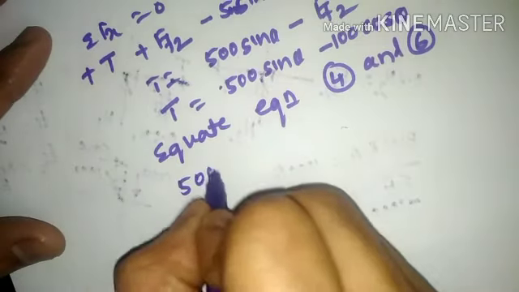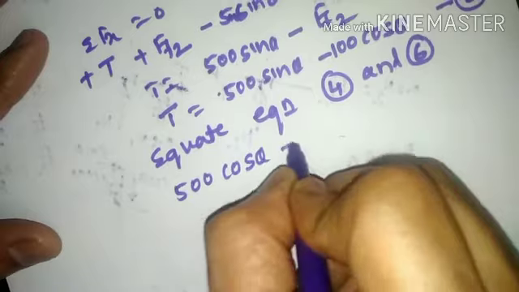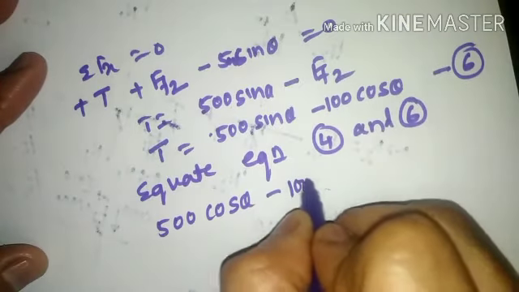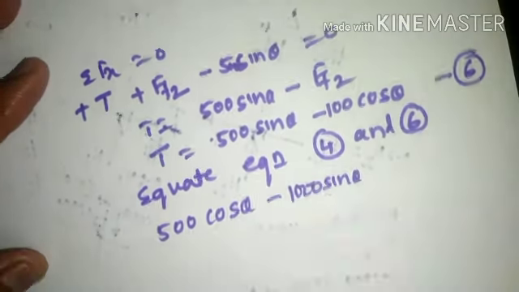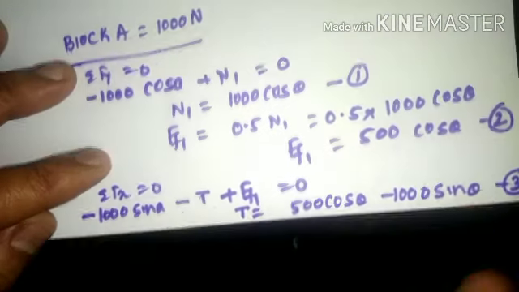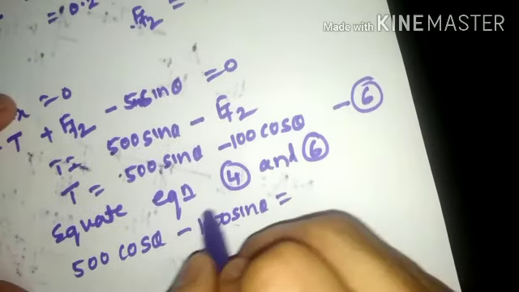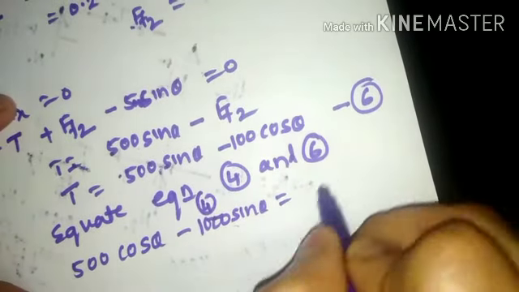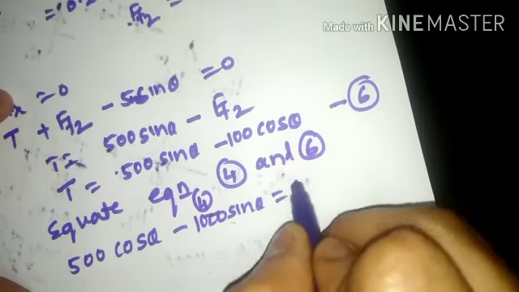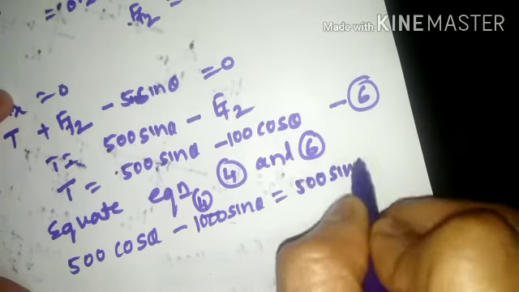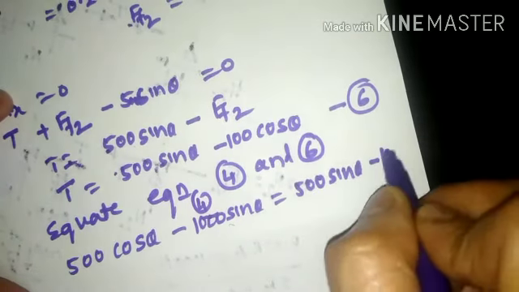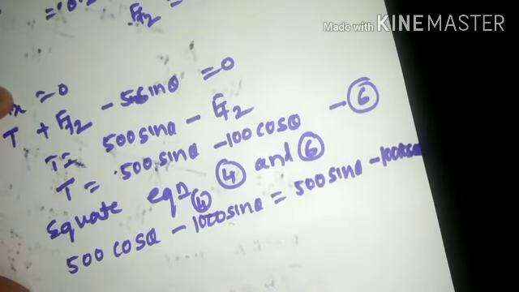We shall write it here: 500 cos of theta minus 1000 sine of theta, which is equal to equation 6: 500 sine of theta minus 100 cos of theta.